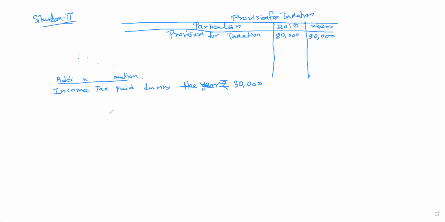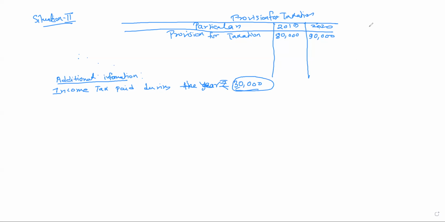Here is a situation wherein, apart from your opening and closing balance, you also have a third information, there is income tax paid during the year. Now, first of all, understand the previous year provision is 80,000. Current year's balance is 90,000. And during the year, how much income tax have you paid, students? 30,000. First understand the journal for this.